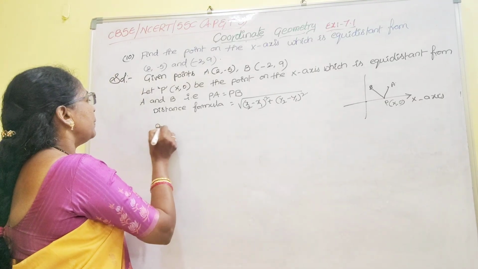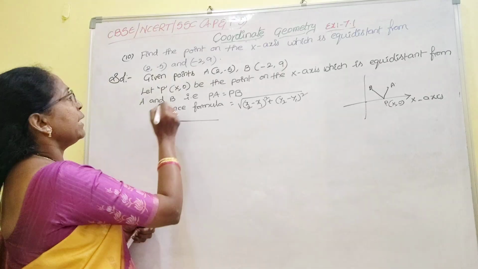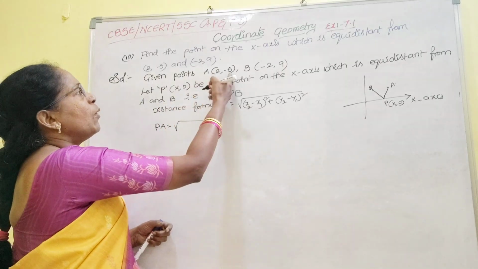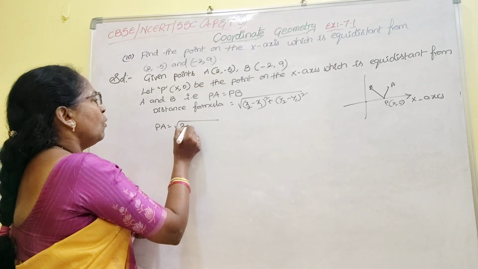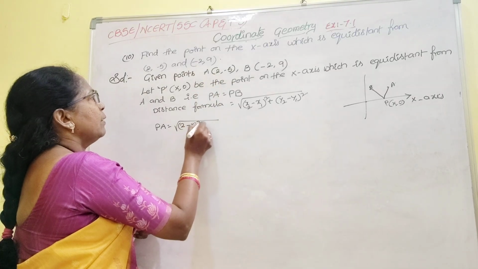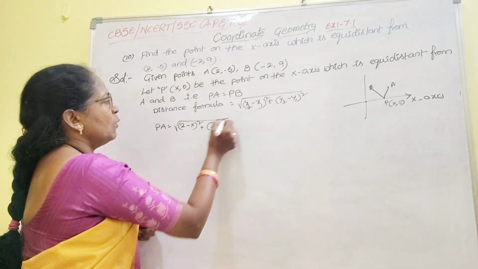Now distance of PA equals square root of, where P is x comma 0 and A point is 2 comma minus 5, that means (2 minus x) whole square plus (minus 5 minus 0) whole square.